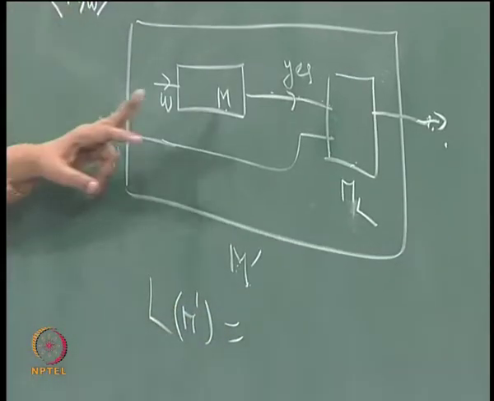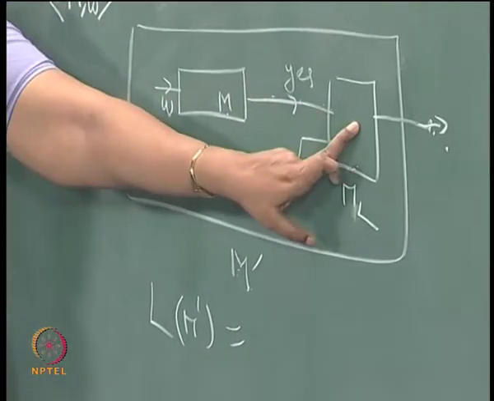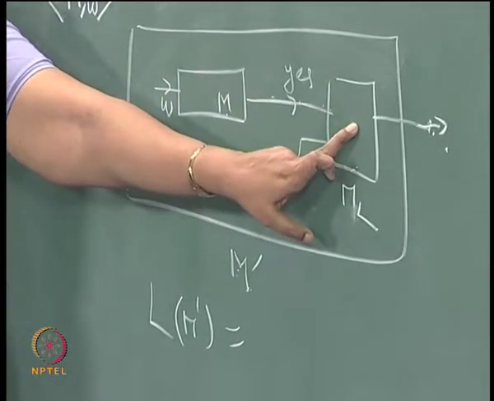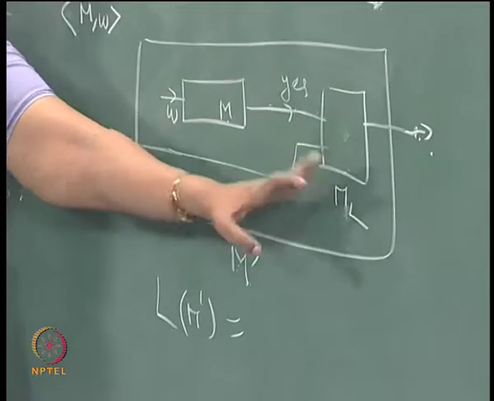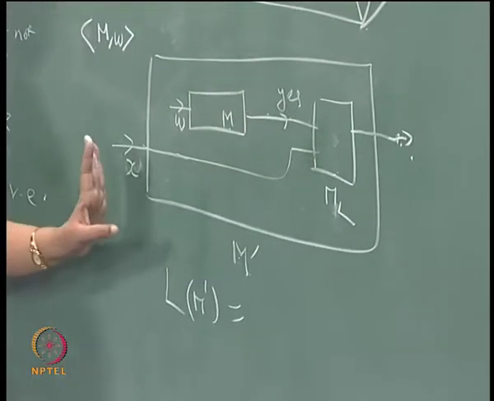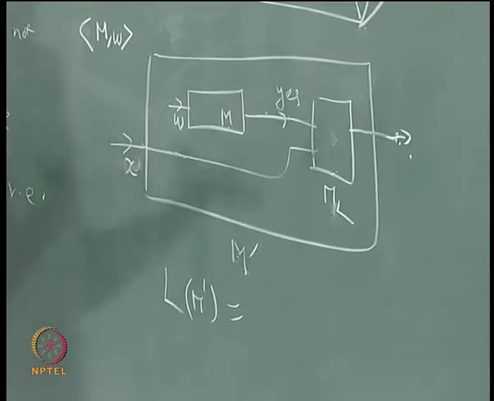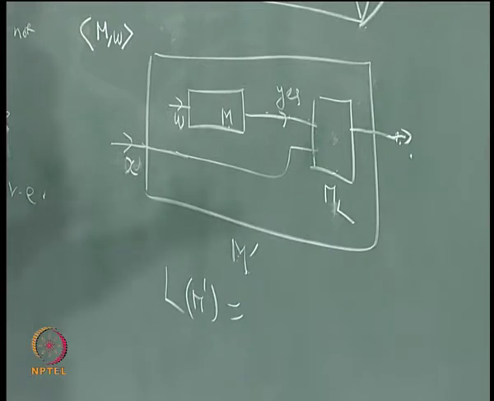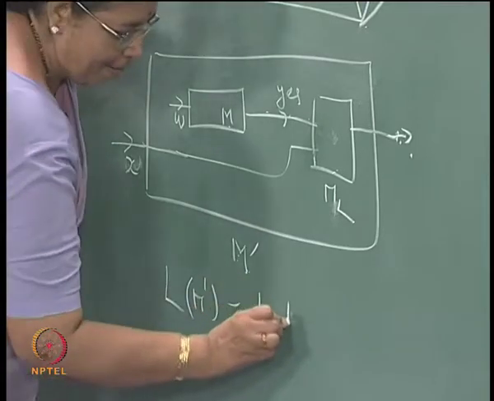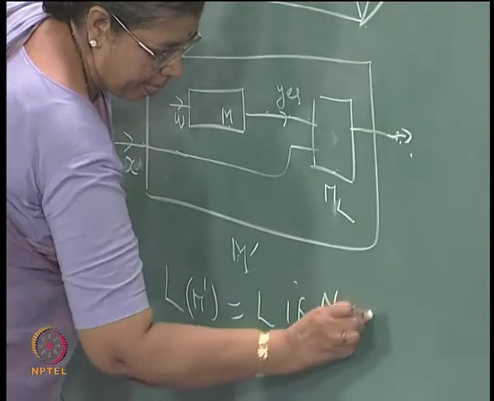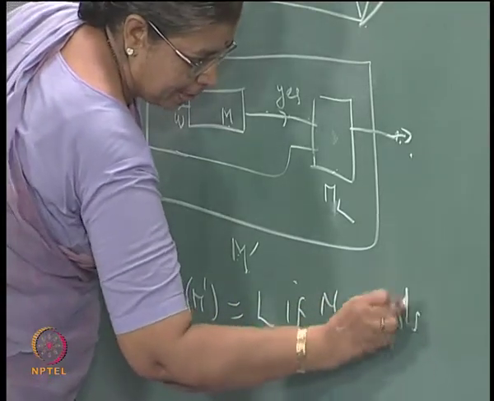If M accepts w, then ML will be started, and it will accept L. ML will accept only the language L, isn't it? ML is the Turing machine for L. So, L of M dash is L if M accepts w.